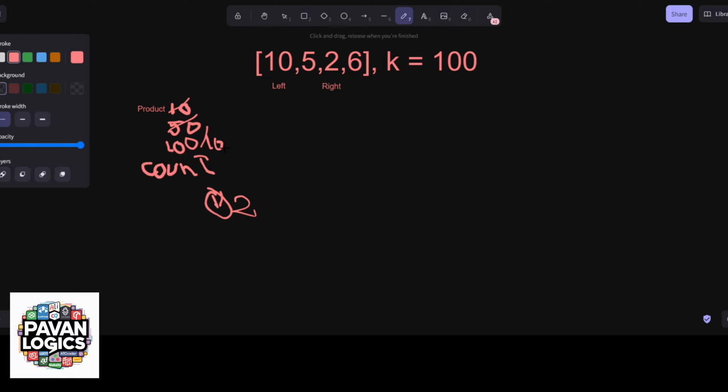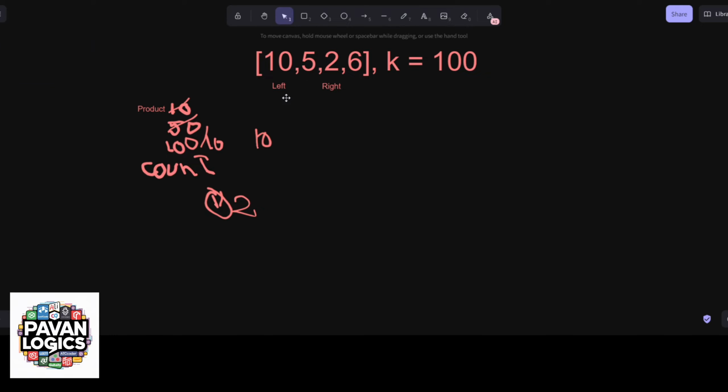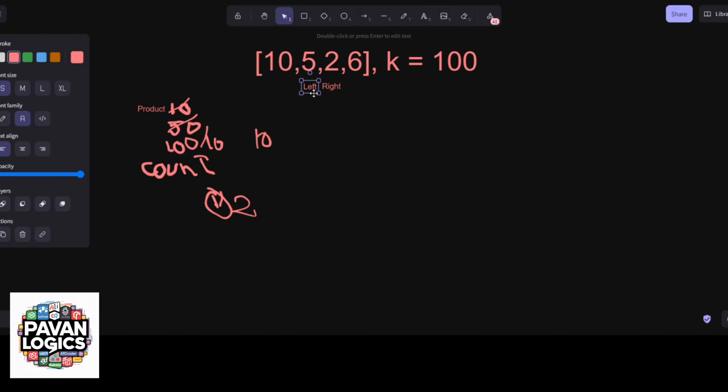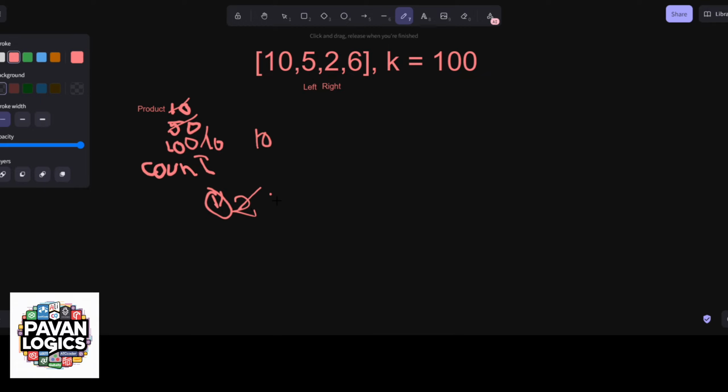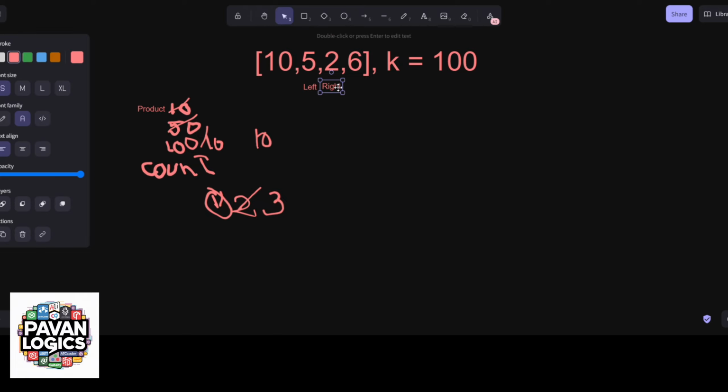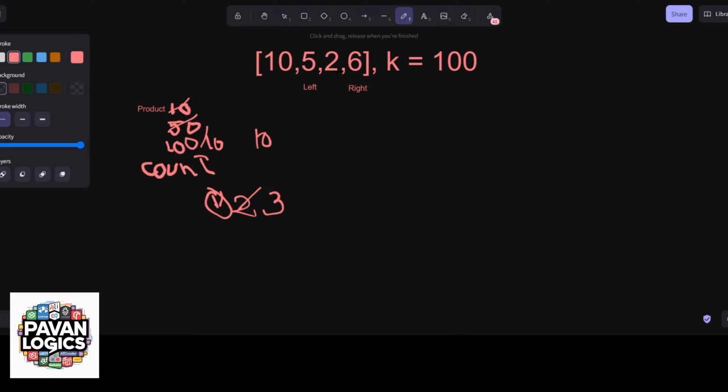If we divide 100 by 10, it will become 10, which means it is just the multiplication of 5 and 2, which means it is a valid subarray. Then we will increment count. Then next we will increment right to 6.